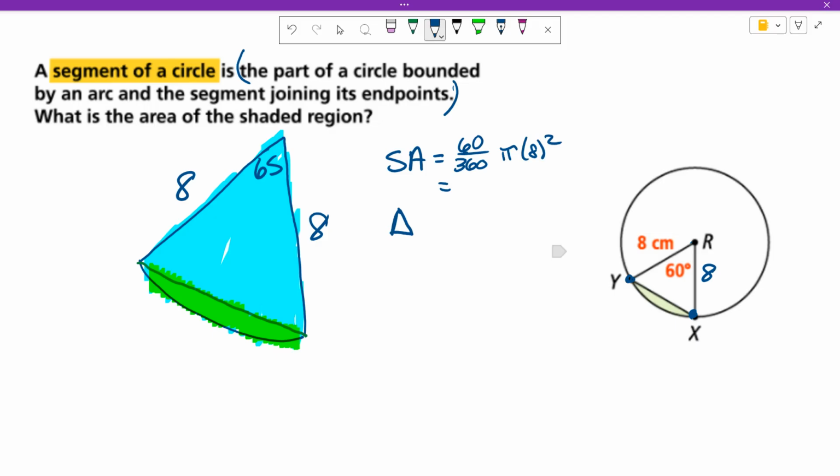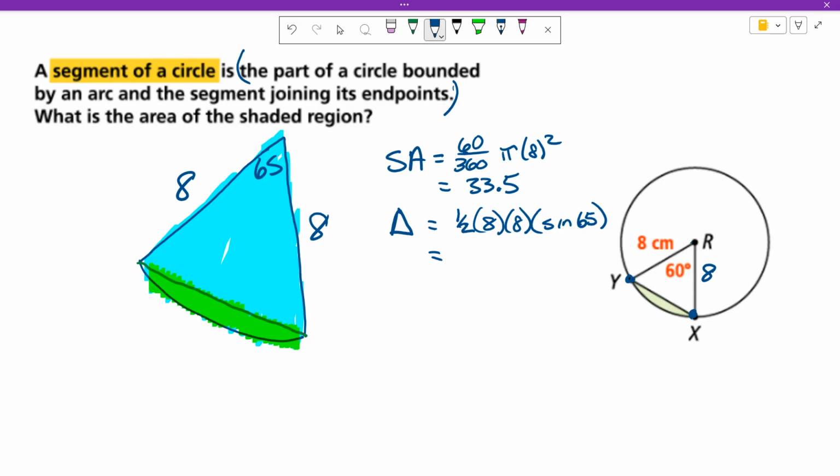Do that. Give me a decimal answer. 33.5. The area of the triangle is 1/2 one side times the other side times the sine of the angle in between those two sides.